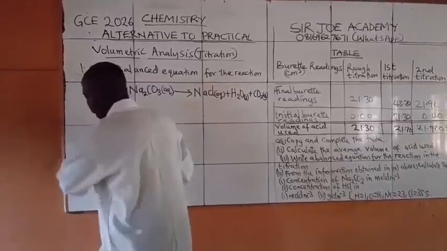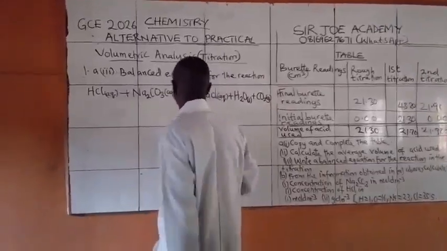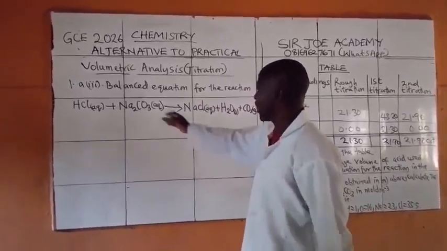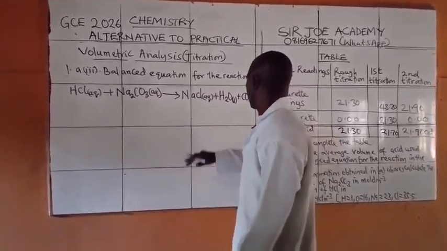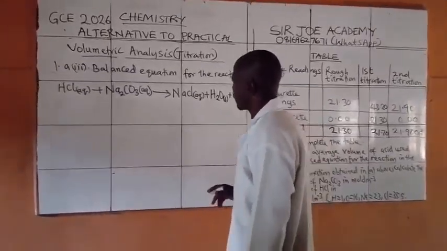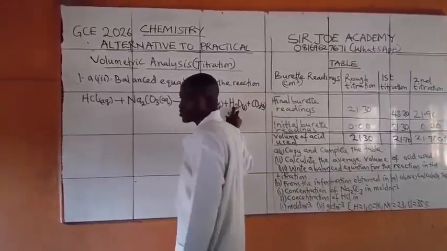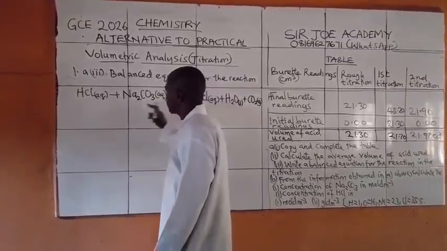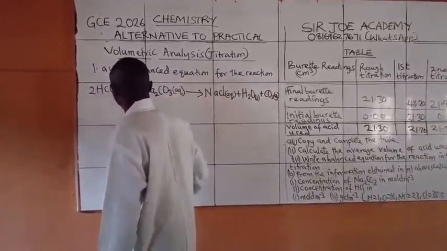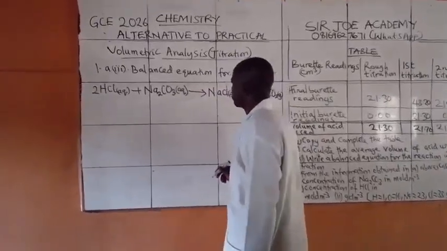Now we look at the reactant side, which is the left hand side, and the product side, which is the right hand side. We have two atoms of hydrogen on the right, so in order to balance hydrogen, we have to write 2 before HCl.